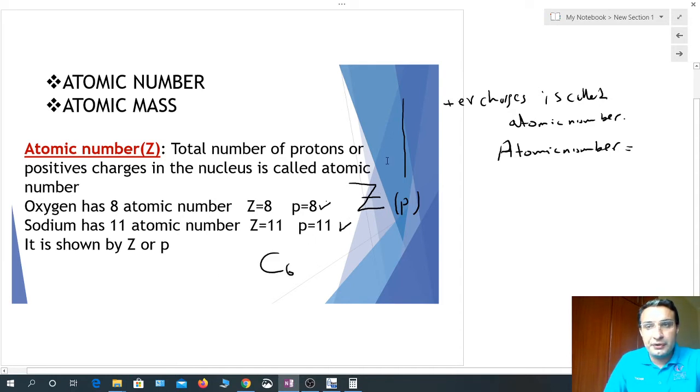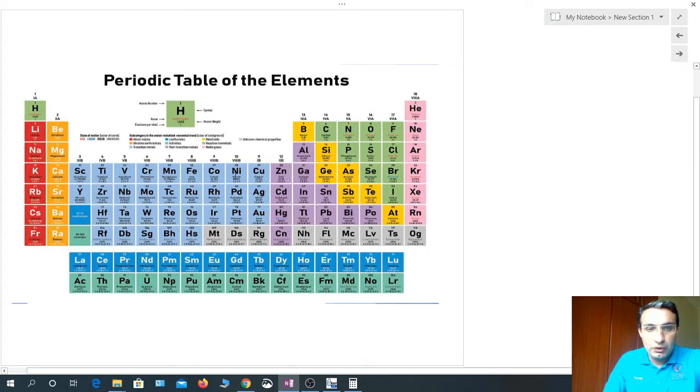Here I have a periodic table I would like to show you. You can see in this periodic table, every atom has an atomic number. For example, the atomic number of hydrogen is 1, beryllium is 2, lithium is 3, boron is 5, oxygen is 8, zinc is 30, chlorine is 17, and argon is 18. Here you can see that elements are organized according to their increasing atomic number.